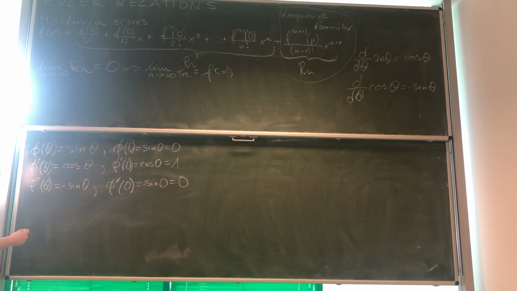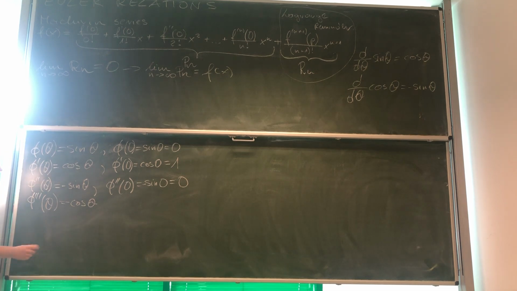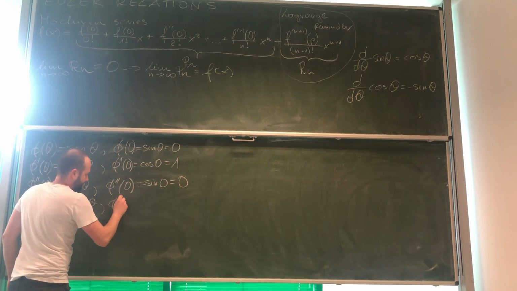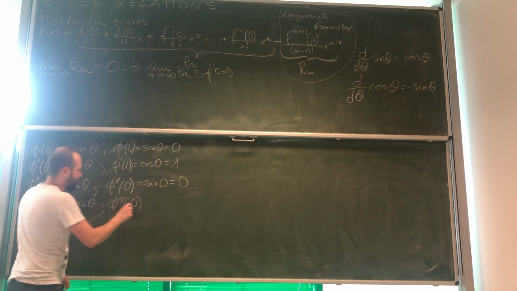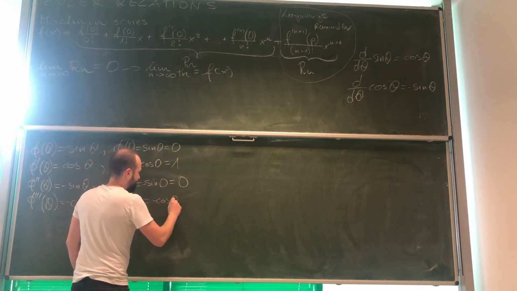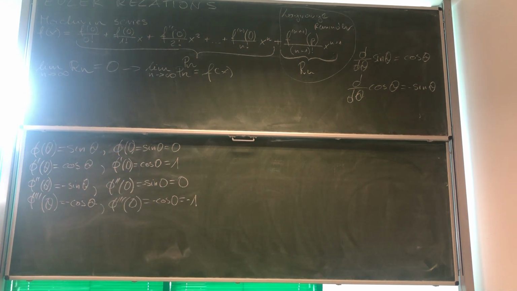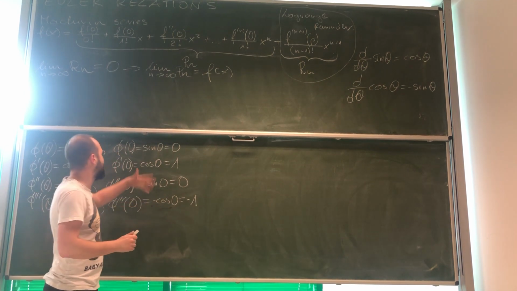Then, if I find the third derivative, sine turns into cosine, so we've got negative cosine theta. If I substitute 0 in negative cosine 0, I will get negative 1, because cosine 0 is 1, and we've got minus in front.